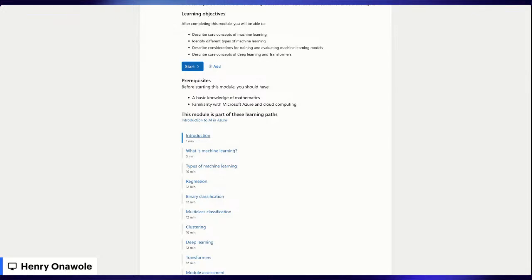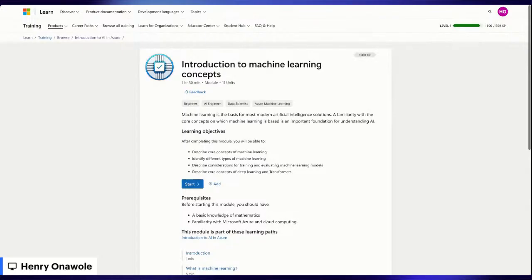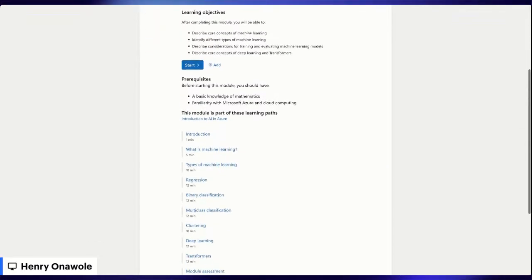The reason why I decided to choose this, based on my experience in the industry and what I've seen so far, is that a lot of organizations are using Microsoft's AI platform, even though some organizations also use Google products. But to be honest, in my own opinion, I believe Microsoft has more customers than any other providers.